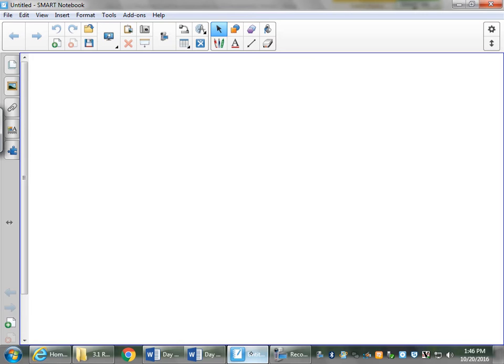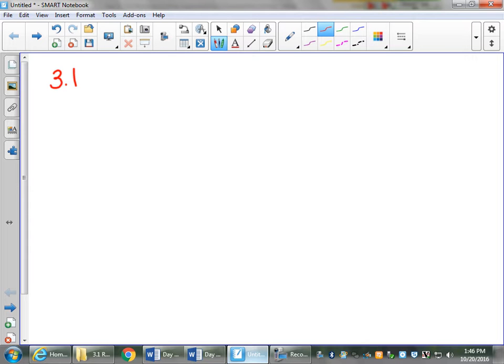So the next part of the lesson, after you guys did those two things, is to talk about radicals and roots and the different forms that they come in. So our goal today in this section, which is still the first section of Unit 3, is to simplify rational exponents.